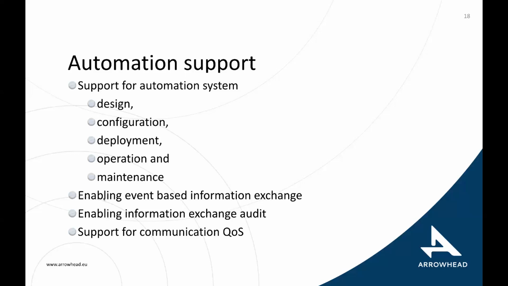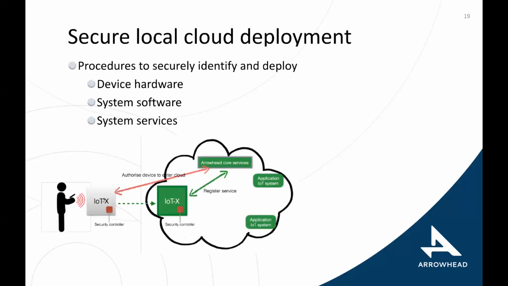And for this reason, Arrowhead is providing a number of support core systems, we call them. We also need a way of saying what is actually allowed to be within this cloud network.